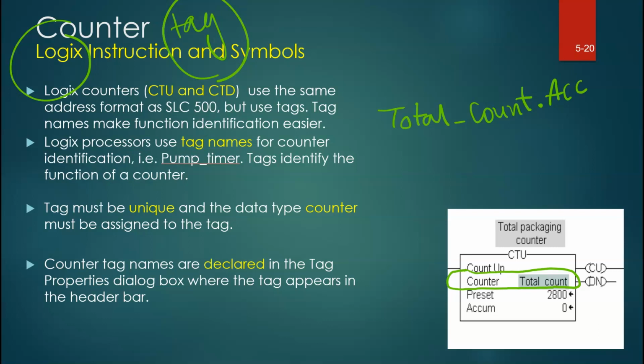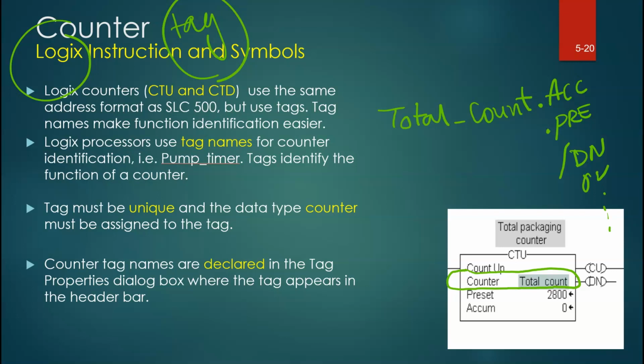And if you want to address the preset value, you have to use .pre. So the addressing is exactly the same. The only difference is that instead of using the counter number, you have to use the counter tag. And if you want to address any bit, you can use a forward slash, for example, done bit or OV, or whatever you want to address.